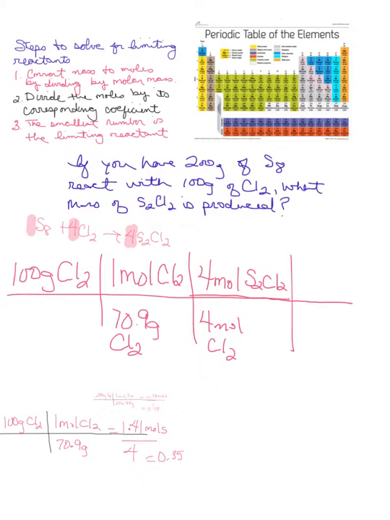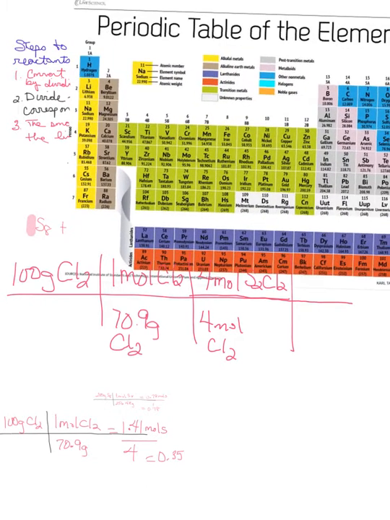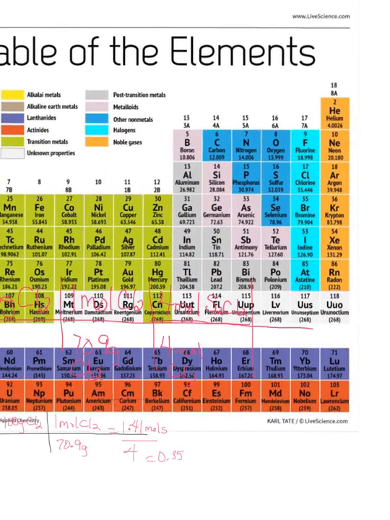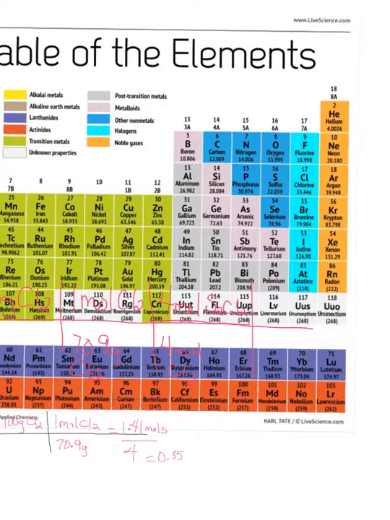Okay, I already know the mass of Cl2. So really all I need to do is figure out then my sulfur. And again, the sulfur is 32.06.